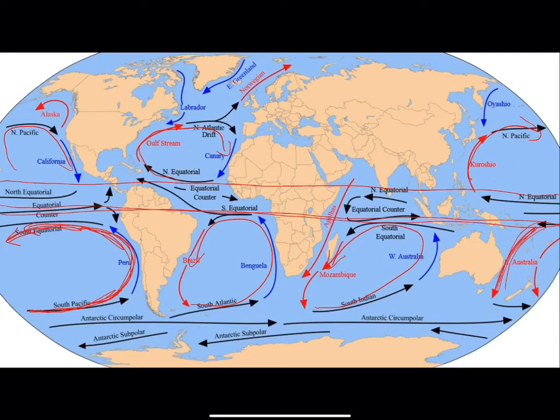And down here, when we get to this side, it becomes the East Australian current, and so it just goes back in a circle. Down here, we have the South Atlantic, the Benguela, the South Equatorial, and down the Brazil current. They are all connected, and the currents follow wind patterns, the wind patterns that are established by God in the world.